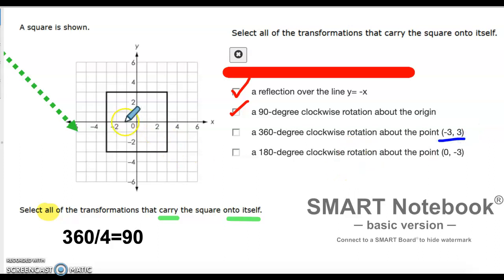So here the point is -3, 3, which is this blue point right here. That is a vertex of the square. So if you rotate 360 degrees about the center or about a vertex of a regular polygon, you will map the figure onto itself. So we can select this. That is a correct answer. But only because that -3, 3 is a vertex. If that point wasn't a vertex or the center, this would not be a correct answer.